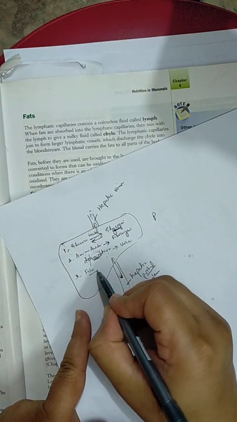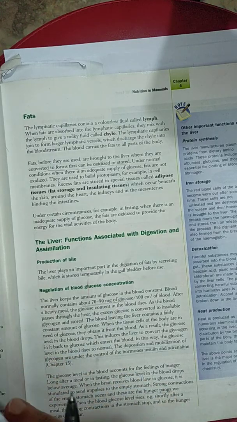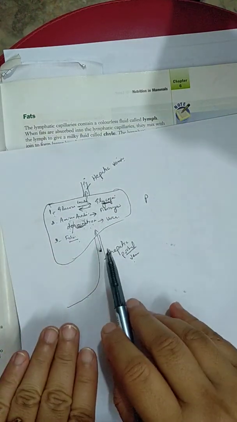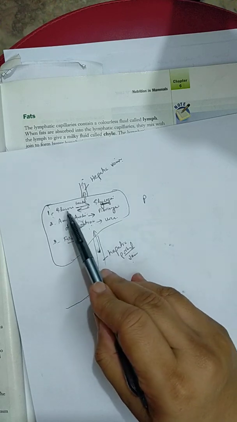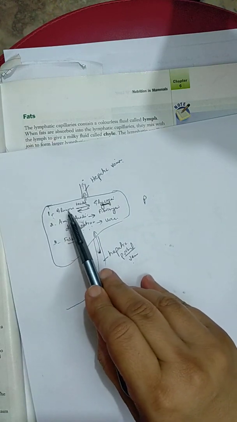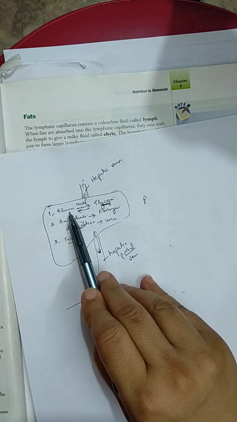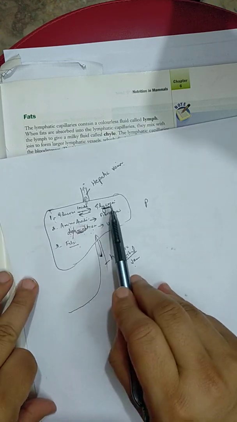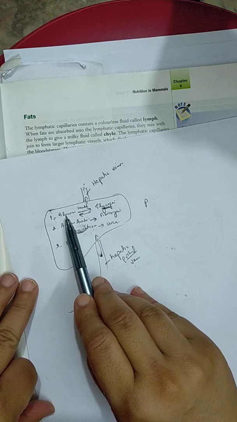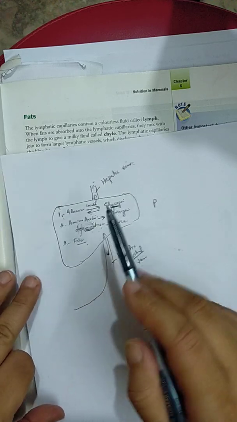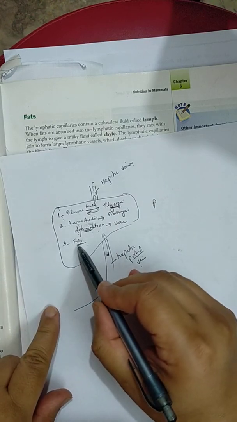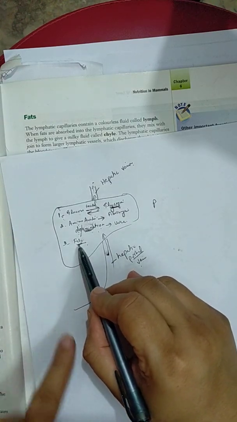What will happen normally whenever our body needs energy? First of all, glucose is the first and foremost available source used for production of energy. If there is a deficiency of glucose, glycogen will convert into glucose. But if we are fasting and our body is deficient in glucose or glycogen, then fats will break down and release energy.